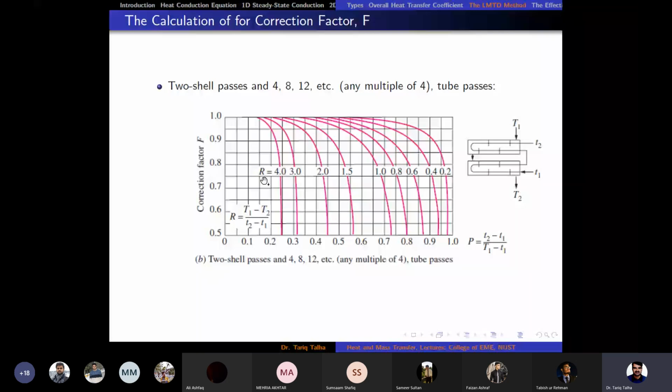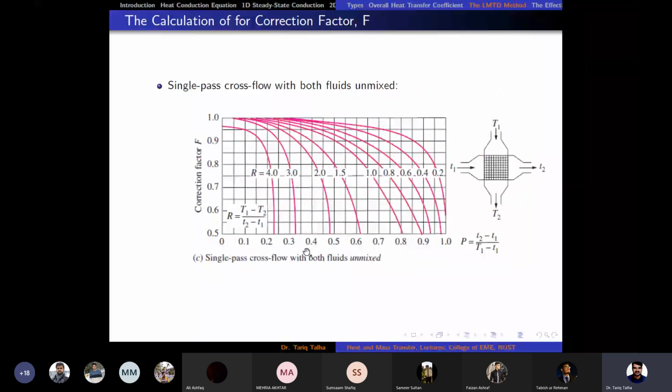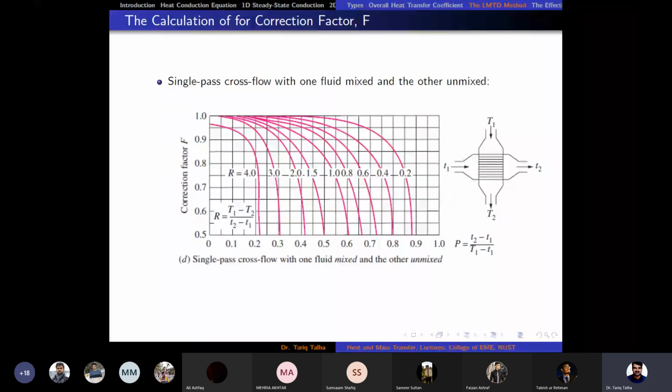Similarly, for the single pass cross flow with both fluids unmixed, we have another graph from which we can calculate the correction factor, and similarly for the single pass cross flow with one fluid mixed and the other unmixed. That is the case of flow over a radiator. In this case, if we want to know the correction factor F, that can be calculated from this graph.